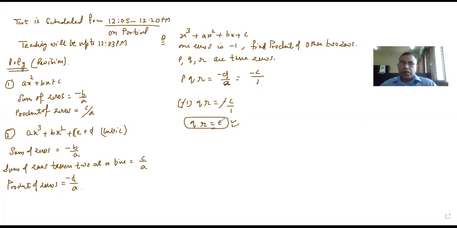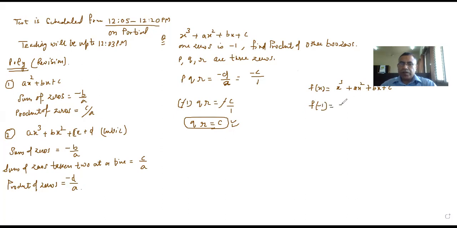You can also find out the value of c from here in terms of a and b to get the answer. Because one root is minus 1, so this is the polynomial. It all depends on what answer is given in the options, so we have to go accordingly. Because minus 1 is a zero of this polynomial, it will satisfy this polynomial.